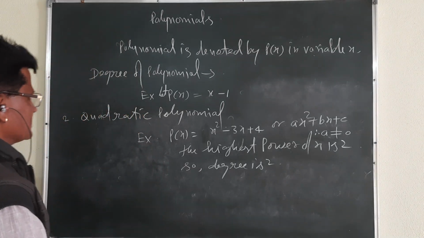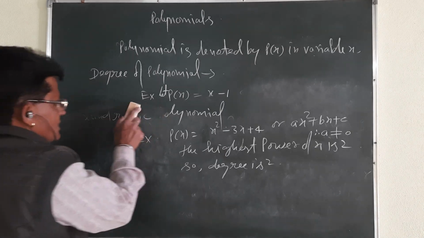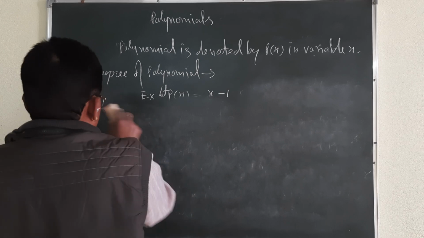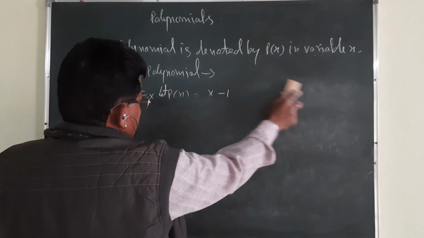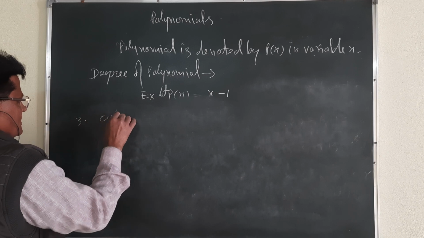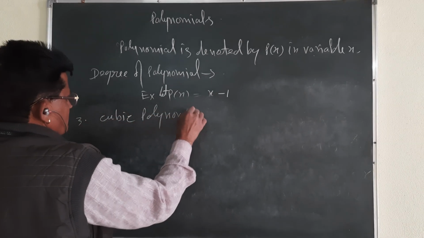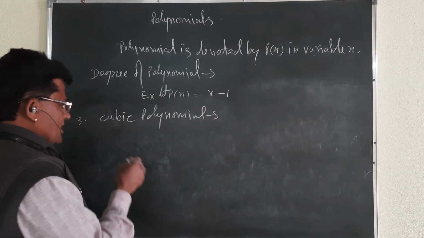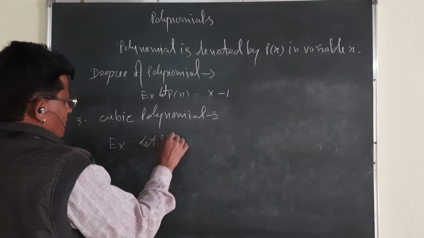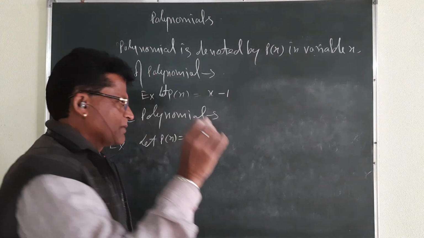Now I will take the example of the cubic polynomial. Third case, cubic polynomial. Cubic is clear from the word, number 3. You can take any example, that depends on you. Suppose Px is equal to any example of a cubic polynomial.